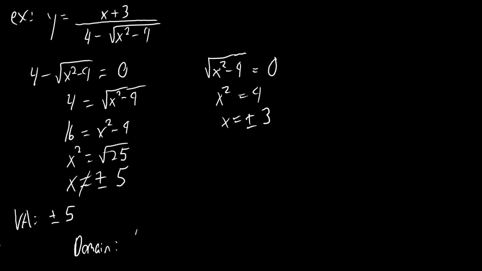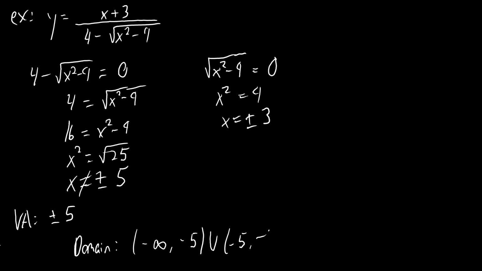Our domain can be negative infinity to negative 5, and this is going to be a round bracket since we can't include it. And we have negative 5 again, and this is going to go to negative 3.